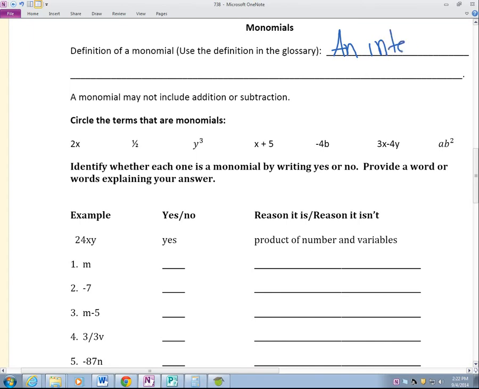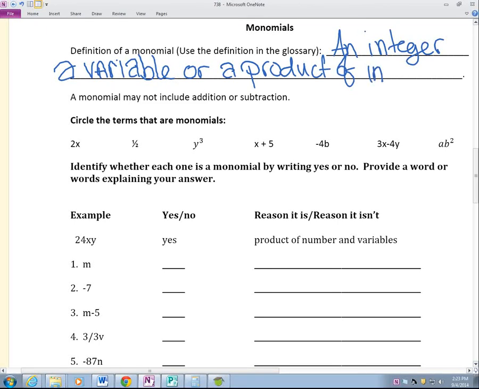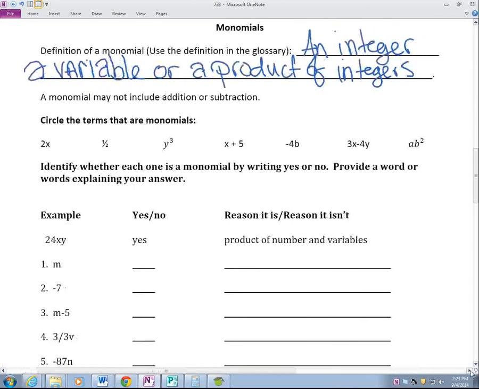An integer, a variable, or a product of integers. A product of integers or variables. So is the integer a variable or a product of integers or variables?